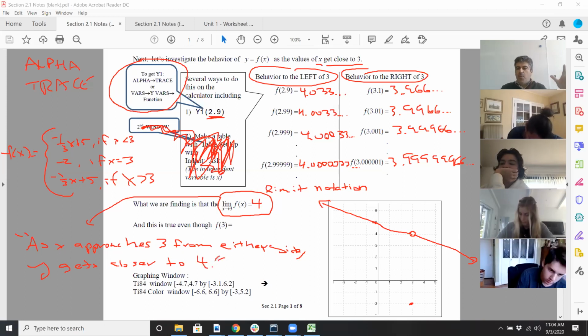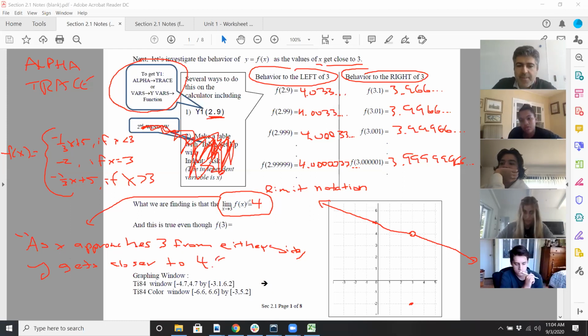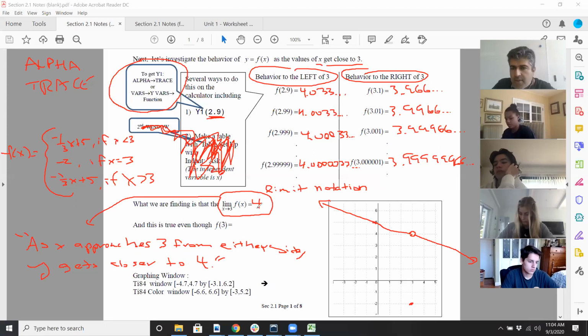So all those words can be expressed more compactly in this notation here. The lim means limit. The x arrow 3 means x approaching 3. f of x is our function, and of course, because f of x is y, y is getting closer to 4. So it's all about approach, not what exactly equals. Because what was f of 3 exactly?